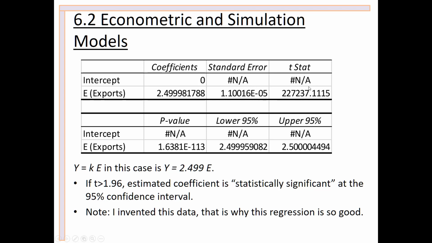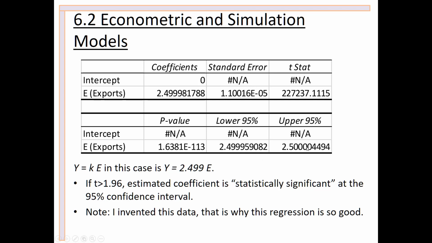So the quality of my regression is extremely high here. Another way to see the quality of the regression is by looking at the p-value. The smaller the p-value, the better the estimate of the coefficient. In this case, this number has 113 decimal places here. So that's a very good quality estimate.